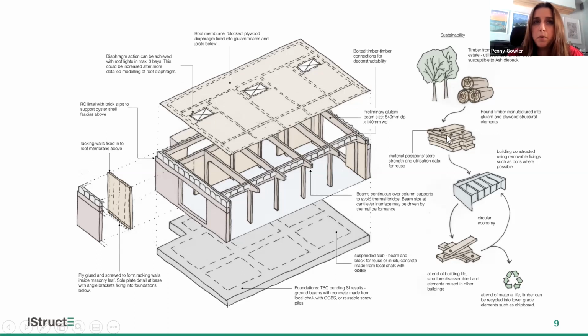At that point, material passports are assigned to each element to store the strength and the utilization data for reuse. And the building is then constructed using removable fixings, such as bolts and dowels wherever possible. And then at the end of the building life, the structure can be disassembled and these elements can be reused in other buildings, which establishes the circular economy.